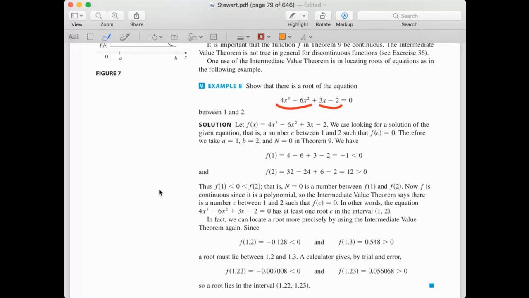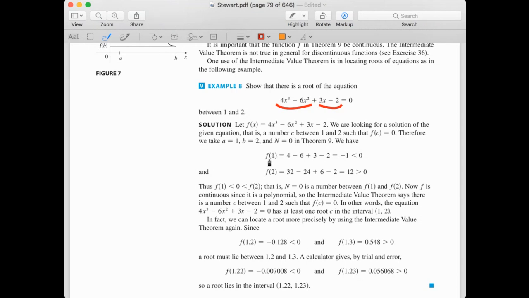This one we want to show this equation has a root between 1 and 2. So we won't be able to tell what the root exactly is, but we can tell there is a root between 1 and 2. So how do we do that? Well, let's try to evaluate f of 1.